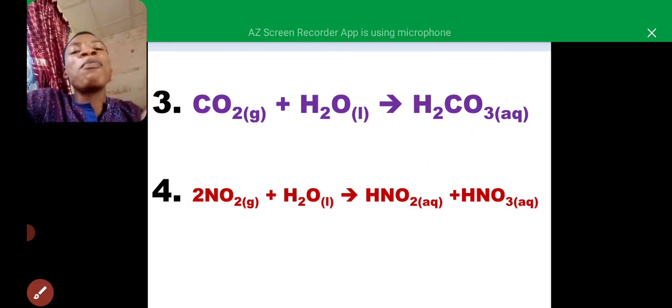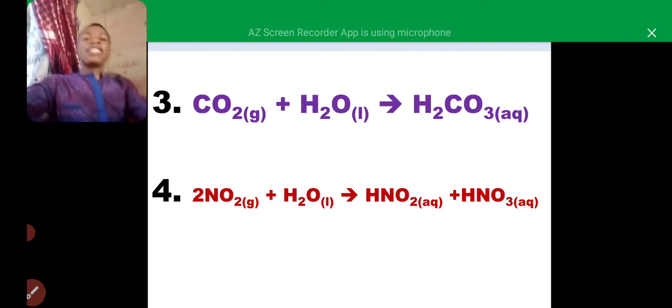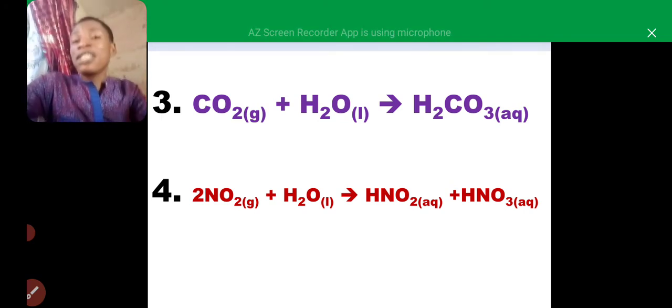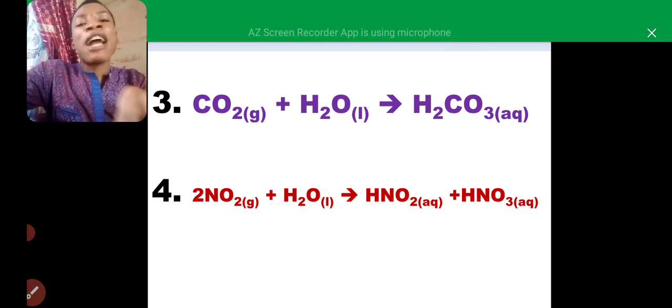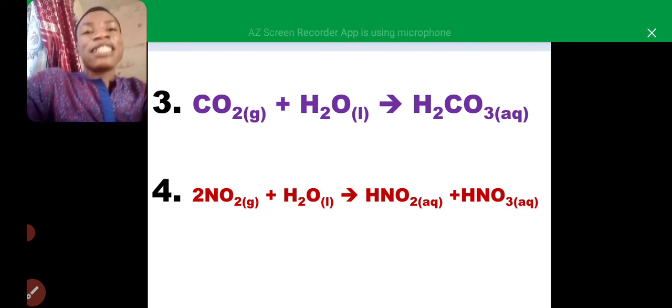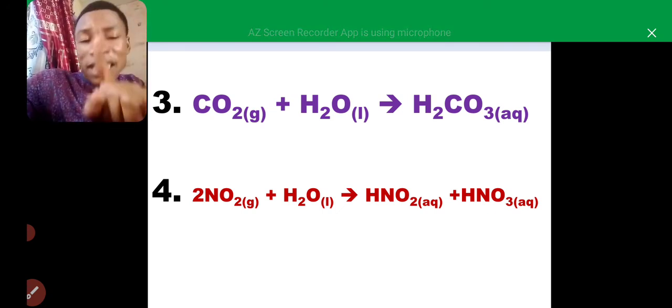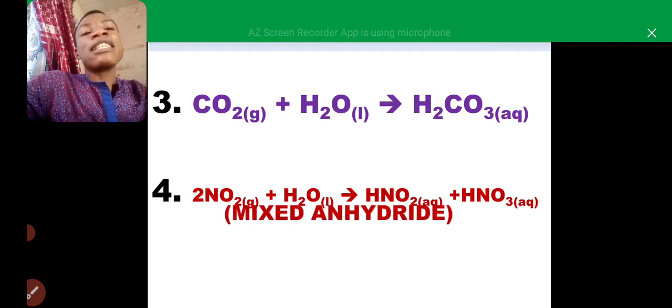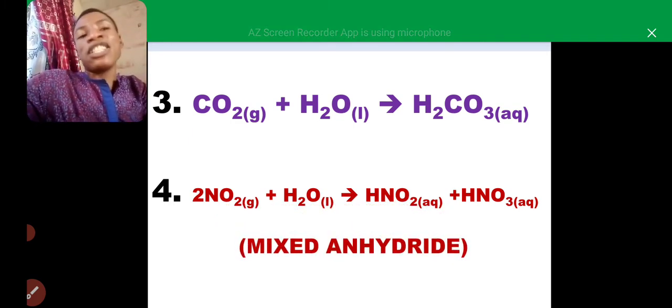Another example of acid anhydride is NO2. NO2 is nitrogen 4 oxide. Now, it is a special type of acid anhydride because it can form more than one acid when it dissolves in water. So because of that, you call it a mixed anhydride.